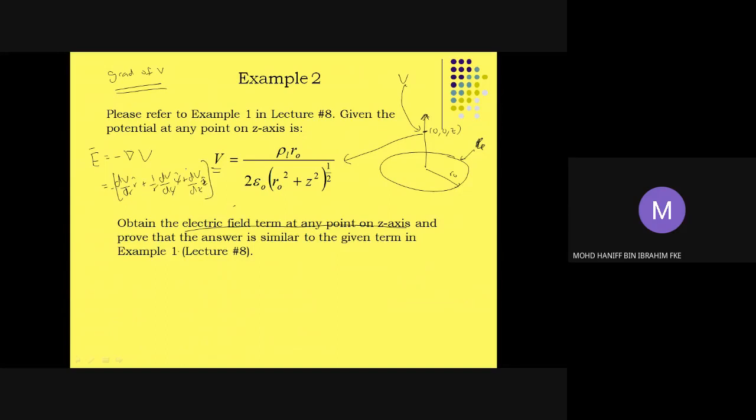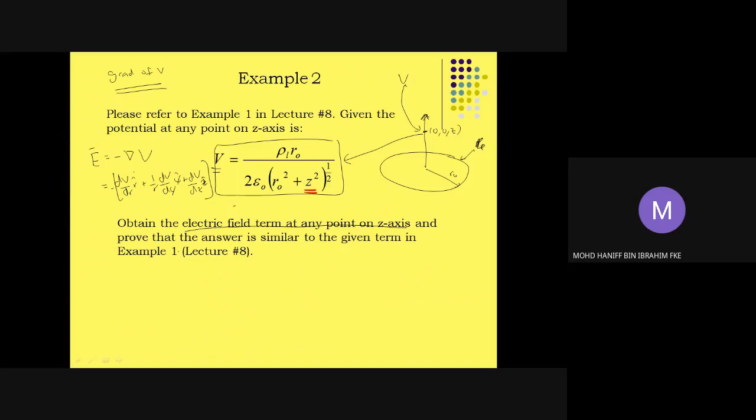Based on this, we need to differentiate V with respect to R, phi, and Z. But looking at this given V, the only variable we have here is Z. There is no R variable and no phi variable.